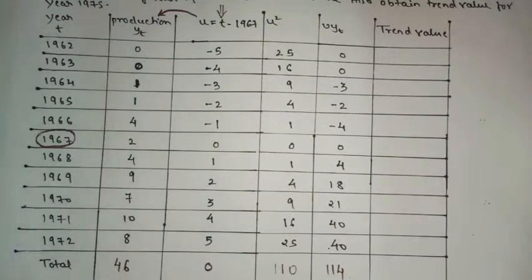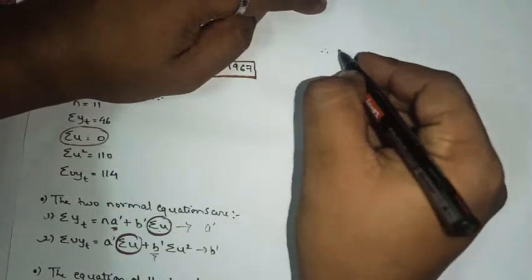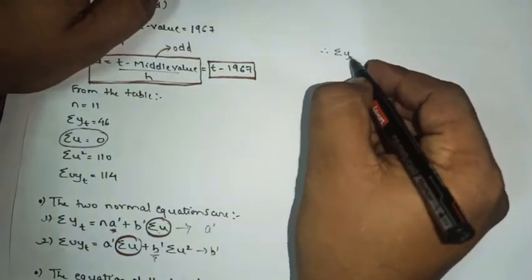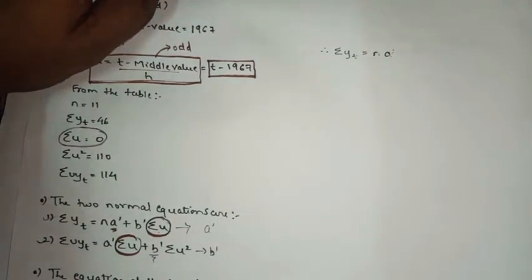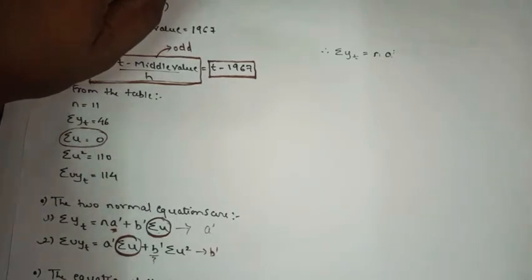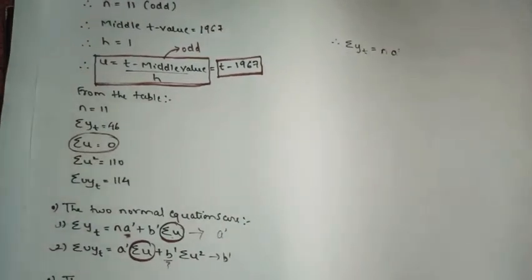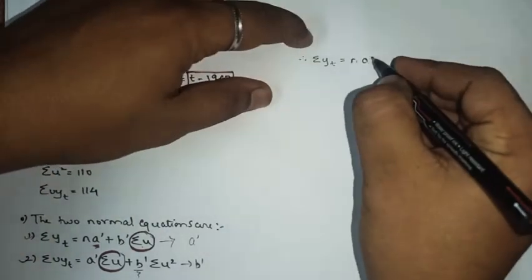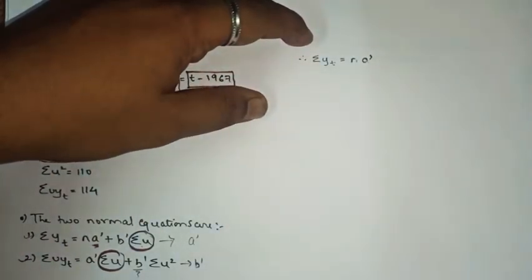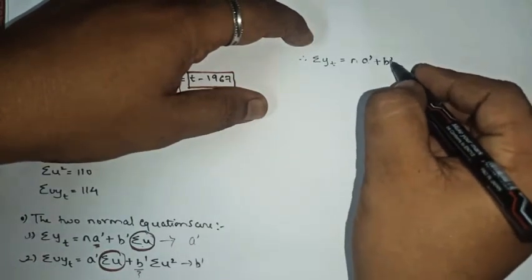The first one is: total of yt is equal to n a dash plus b dash total of u.